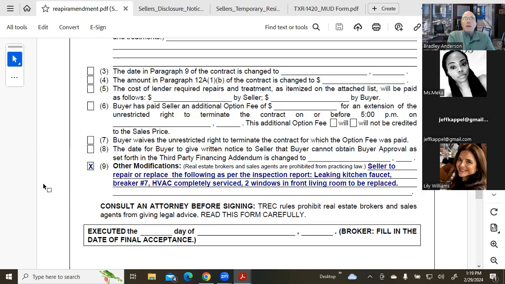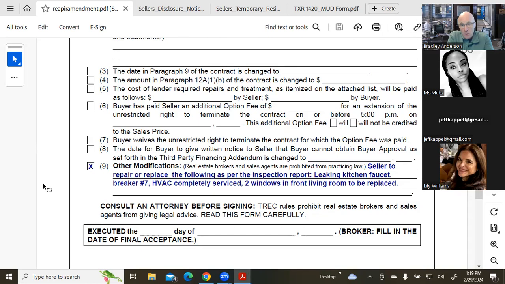So if you read carefully, I phrased it in a certain way. The first thing I want to call out is I referenced the inspection report. A lot of times I'll get the question, do I need to give the entire inspection report to the other agent?